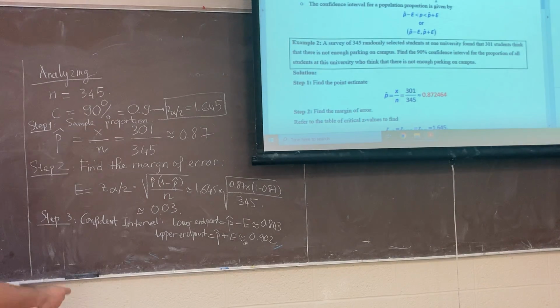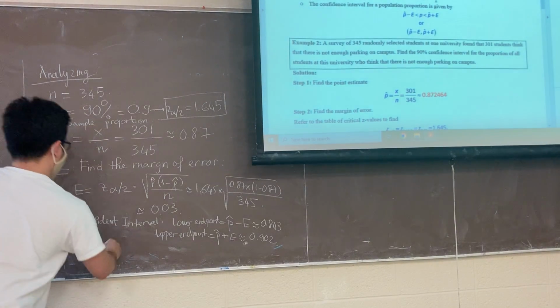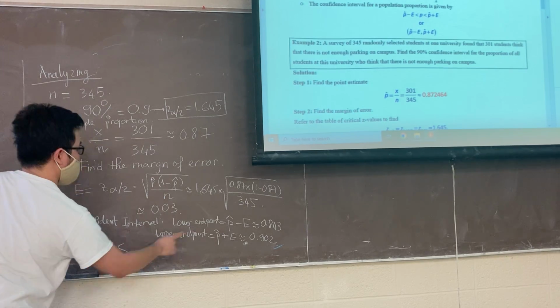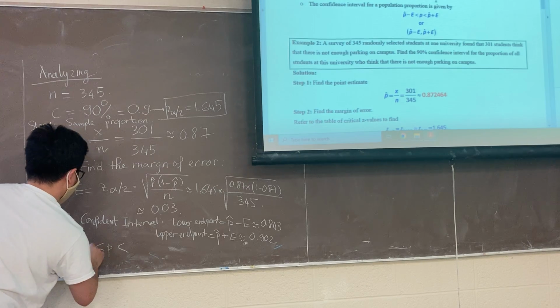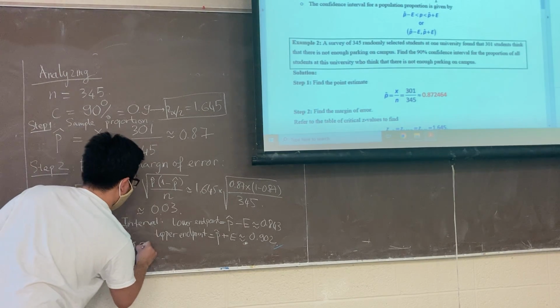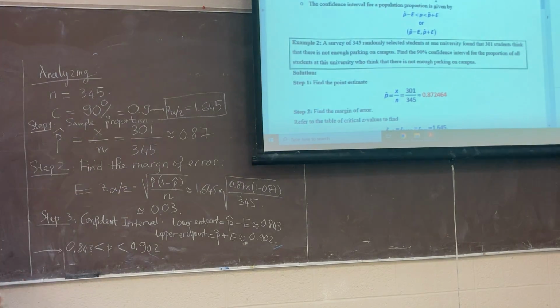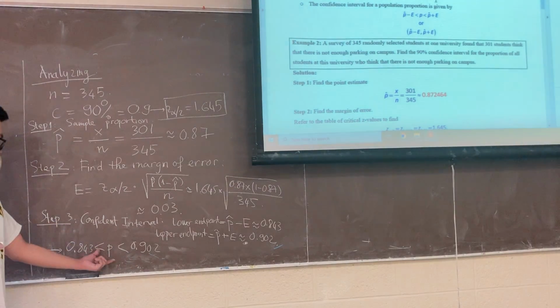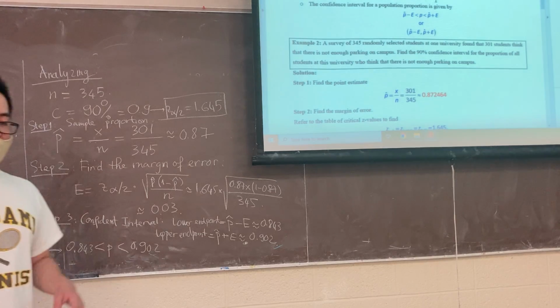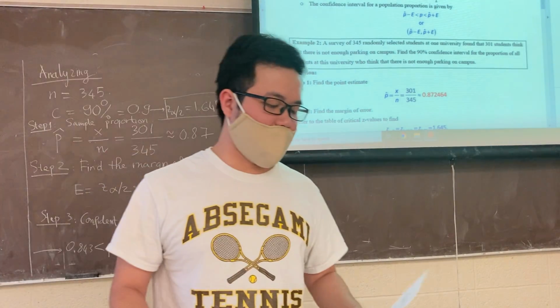And when you have this, you can imply that the population proportion P is from 0.843 to 0.902. That is the estimation for the population proportion.